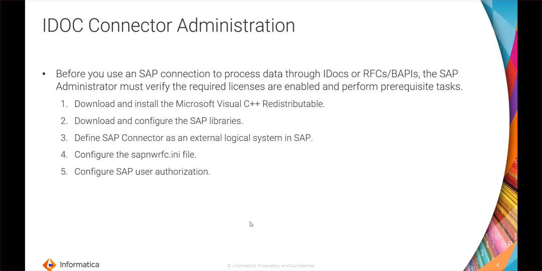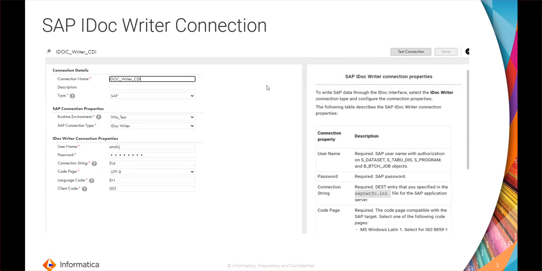This is the direct application connection, and with the load balancing connection, we would use MS host, group, and the R3 name. So it will be a direct application connection. The next step is to configure the SAP user authorization, so that the user has all the privileges to write to SAP. Then for this, we need an SAP IDOC writer connection. This is a sample of it. We will see more details on this in the demo.